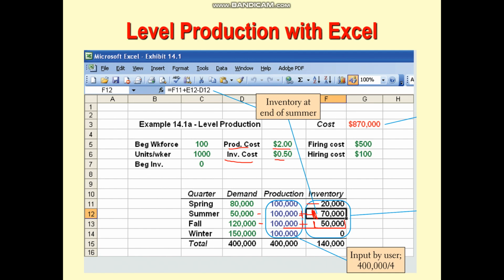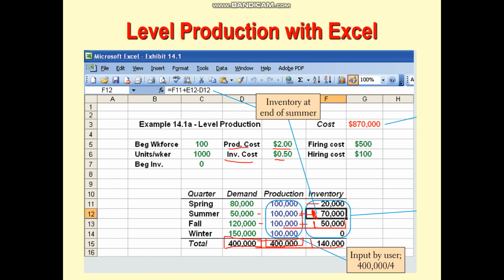You can calculate that the total demand is 400,000, the total production quantity is 400,000, and the inventory is 140,000. In level production, we always try to match the production with the demand so that we can minimize the cost.